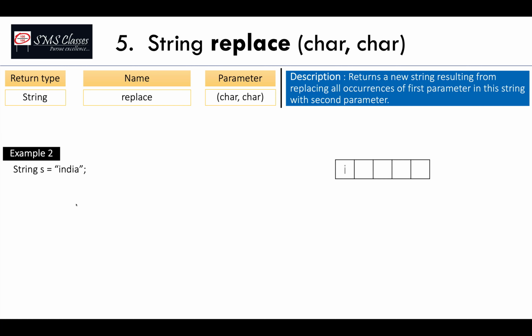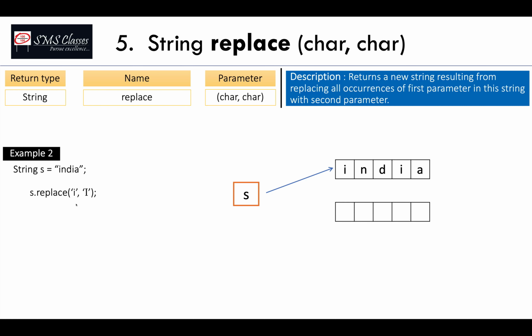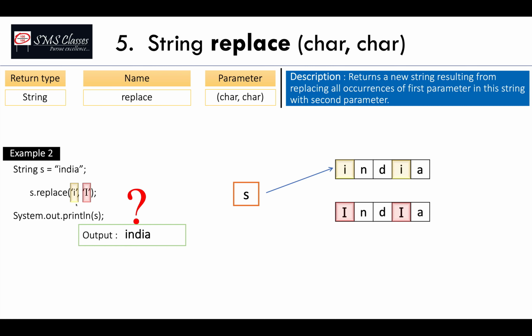Another example in replace. So if India is the string and we call s dot replace small i by capital I, what happens is all the small i's change to capital I. If I print s value, it still prints small letter India only. Why? Because s dot replace does not change s value itself. It modifies and makes a new memory and it returns.